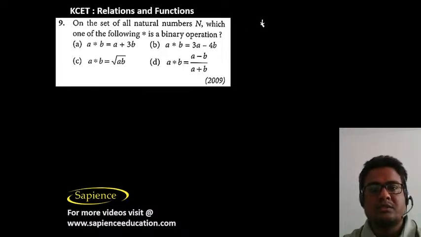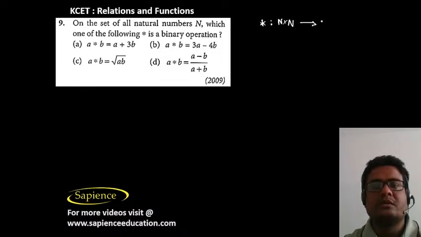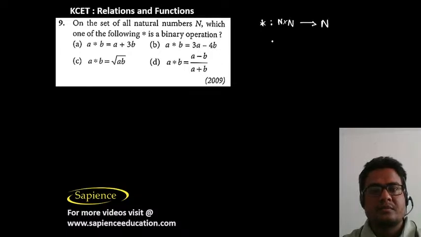So here star is a binary operation on the set N. It means it maps N cross N to N. Here both the inputs a and b should belong to N, and the output a star b also should belong to the set N.